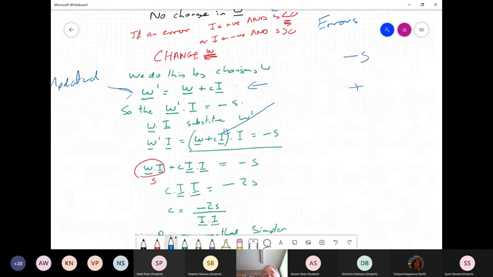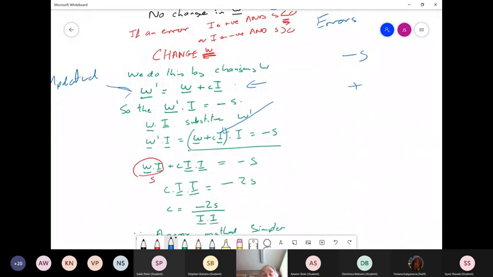Substituting in this equation first of all, multiplying this out, this bracketed term is going to be W dot I plus C I dot I equals minus S. But we know this was the original error, and that was equal to S. So we can now substitute S for this term, and taking S over the other side, we get C I dot I equals minus S, and taking the plus S from the left-hand side to the right-hand side gives us minus 2S.